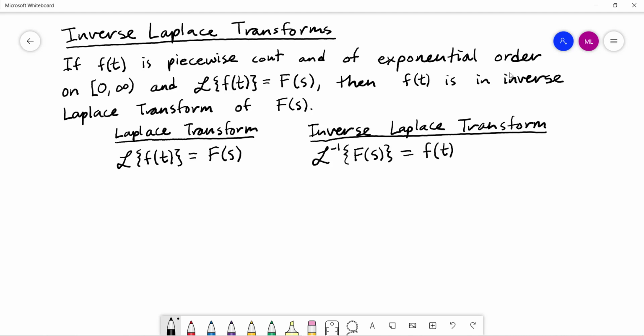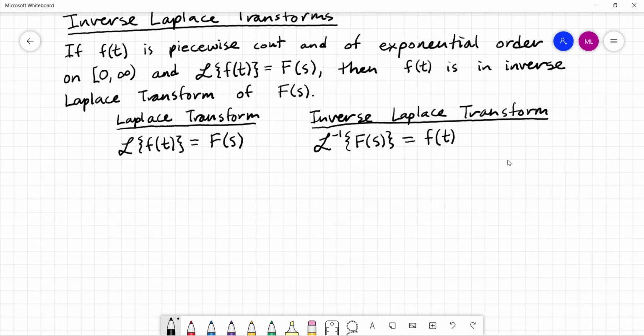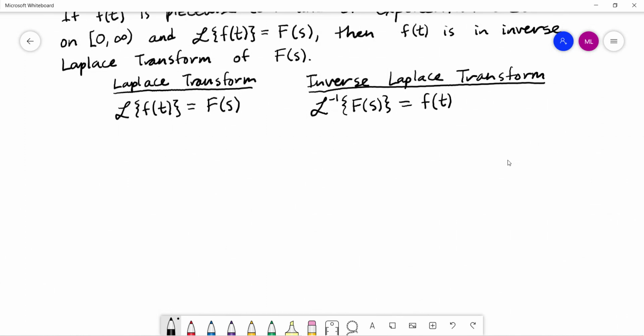So if a Laplace transform takes us from lowercase f of t to capital F of s, then the inverse Laplace transform will take us from capital F of s back to lowercase f of t. So they're going to basically undo each other, as inverse functions tend to do. So we're going to basically work with these functions in pairs.